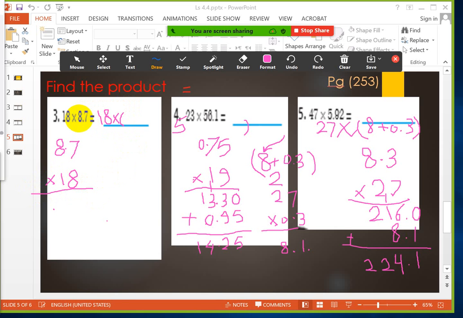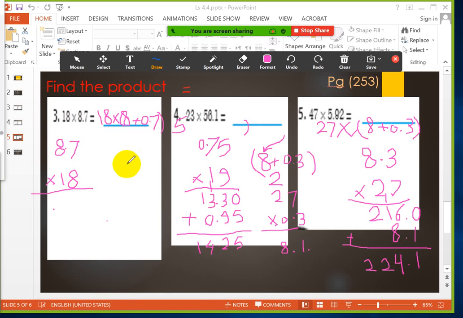What is the value of the 8 in the ones digit? Equals the same number. Thank you, Larissa. It's 8 plus. What is the value of the 7 in the 10th digit? That means 7 tenths equals 0.7. So I will multiply first 18 with 8, then 18 with 0.7.